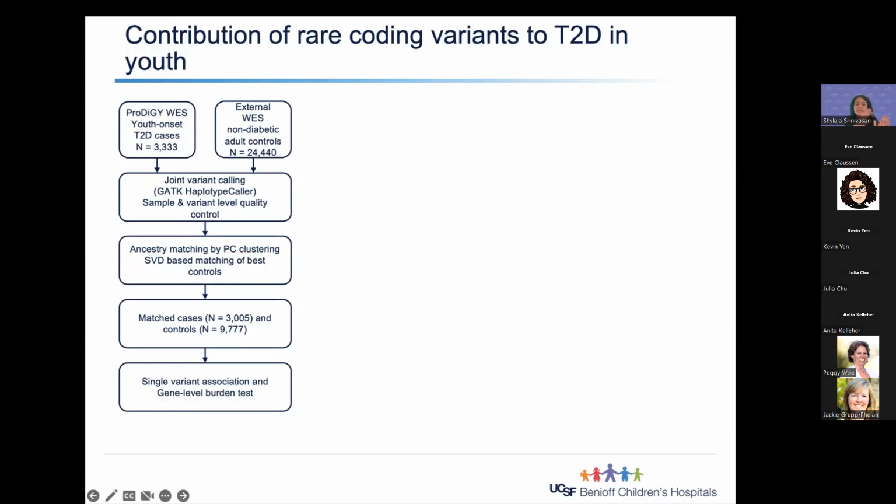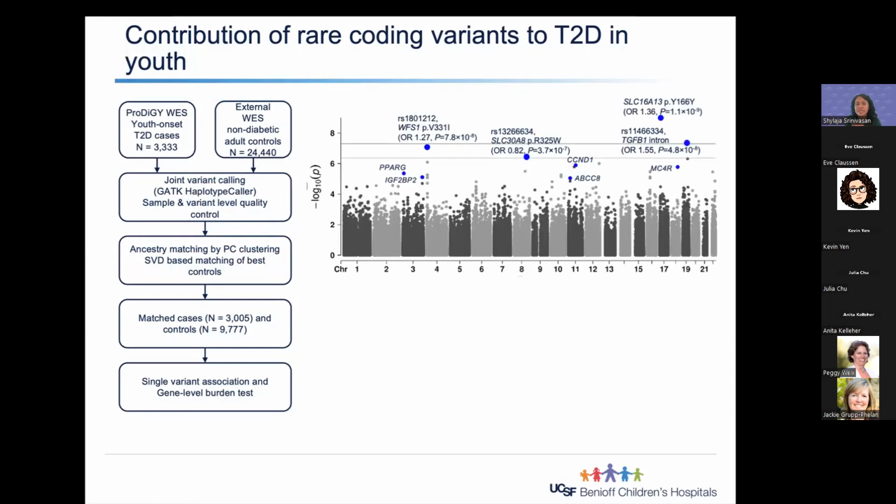We did both single variant association, similar to the GWAS, as well as individual gene level burden tests. In our single variant association, we identified 2 variants that were significant, including variants in SLC16A13, as well as a variant in TGF beta 1.